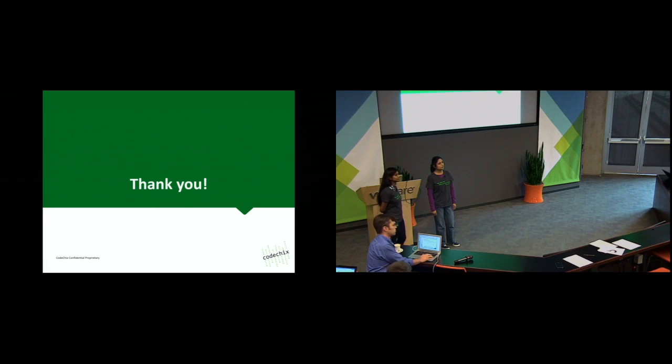Let me answer with the degree of OF awareness that the library has right now, which is to the extent of understanding the DPID and the aux ID. At this point, I can say it is pretty version agnostic. But going forward, we want to be able to have awareness of different versions of OpenFlow, and that has not yet been designed. It's the next subsequent phases that we are planning.